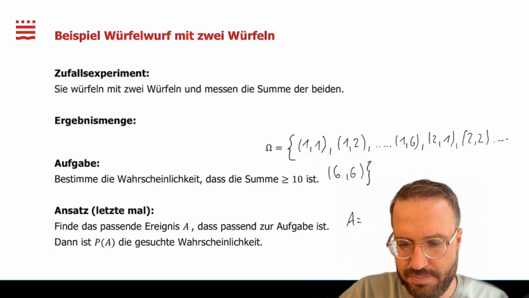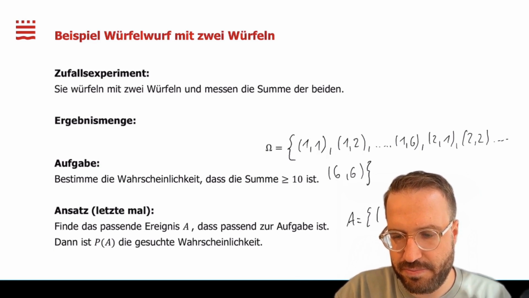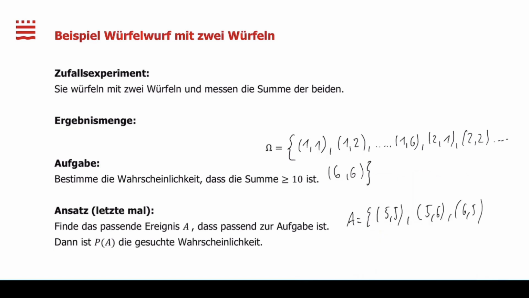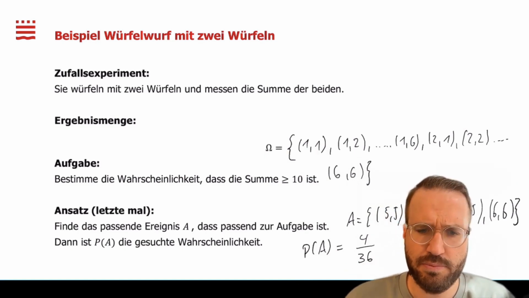It would be the sets, so (5,5) would definitely be correct, (5,6), and so on, and 36 cases in total, just as we have in the classical Laplace random experiment.